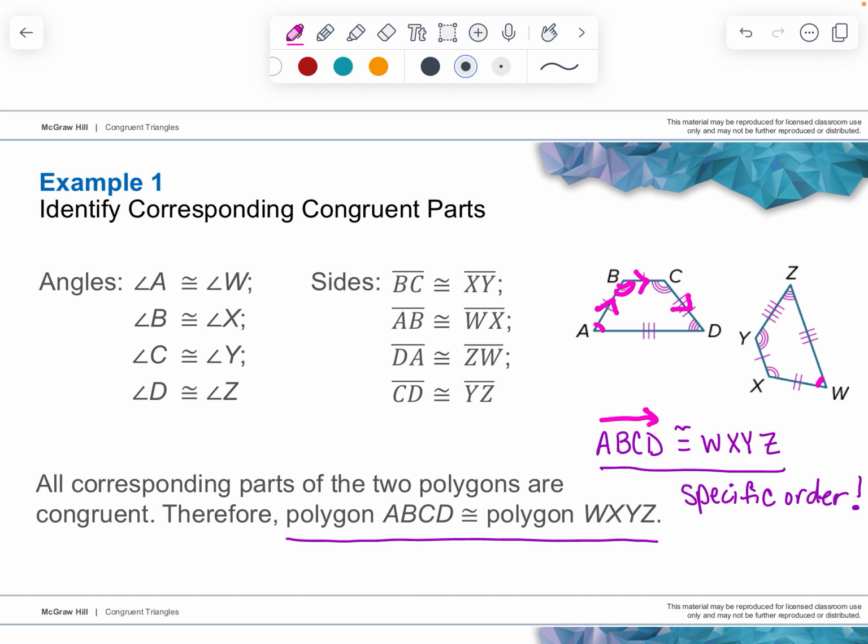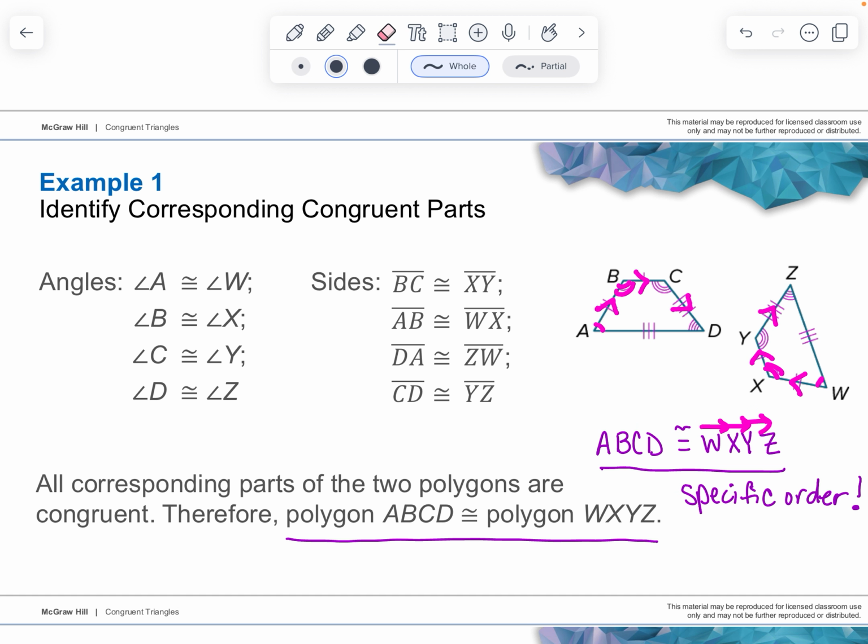That means I need to go from my single to my double here, so from W to X. And then I need to go from my double to my triple, so from X to Y. And then from my triple angle to my quadruple angle. I have to go in the same order in my congruence statement to match up my letters.